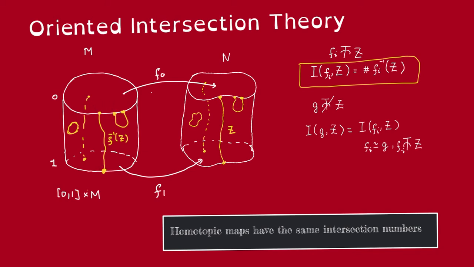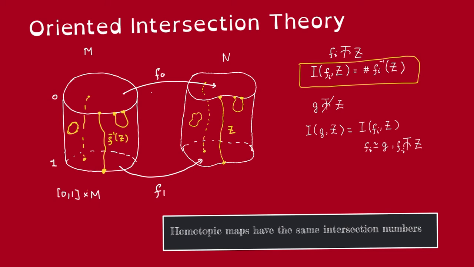Previously, we resolved this by only looking at intersection number modulo 2, because the difference between this intersection number and this intersection number will always be an even number, because it's always going to be the boundary of some one-manifold. However, there is another way to resolve this issue, which is to count points of intersection with orientation.